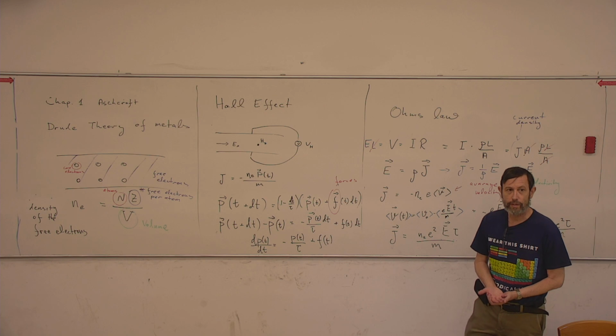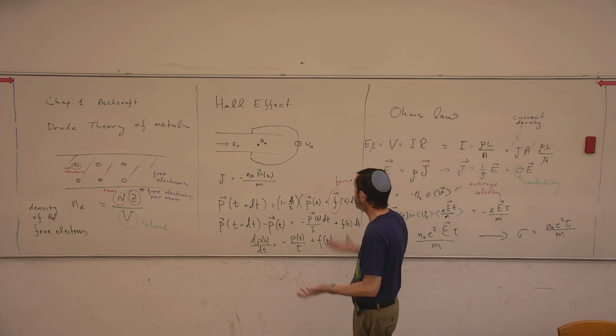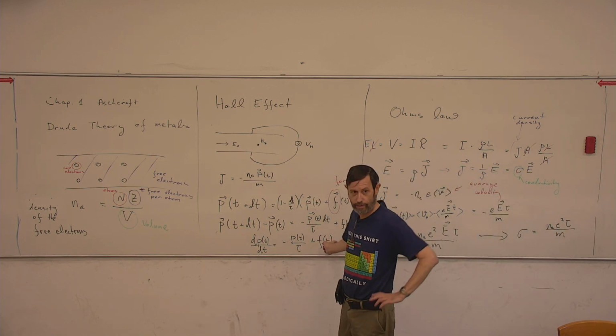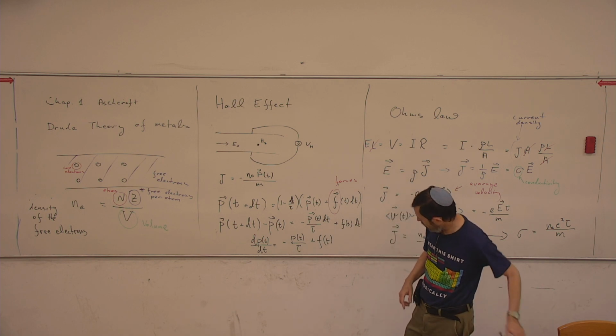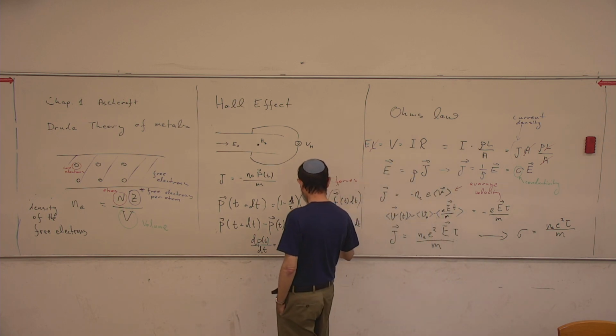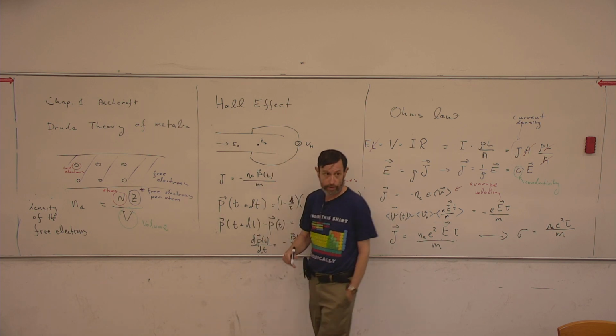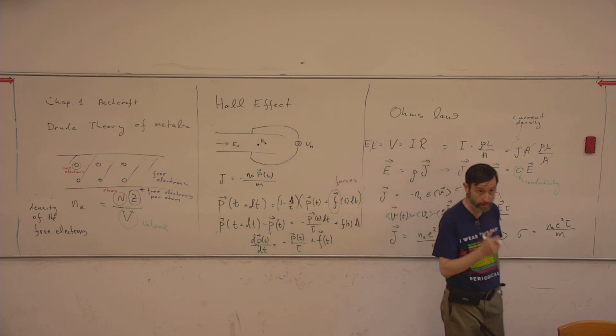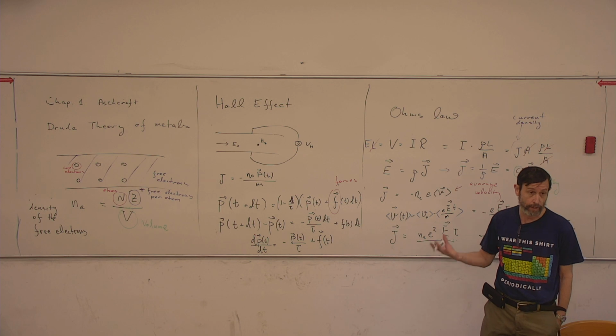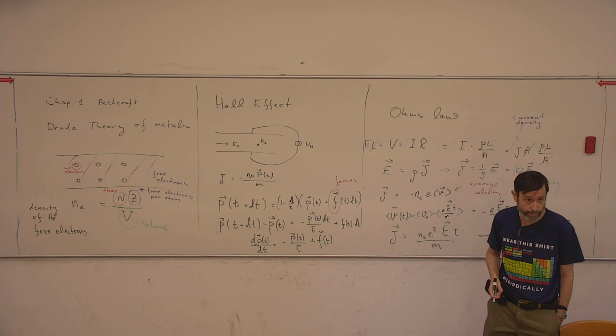Okay, what should I add into my mix? I have to write down now the F in an explicit form corresponding to the experimental conditions and try to solve this equation.